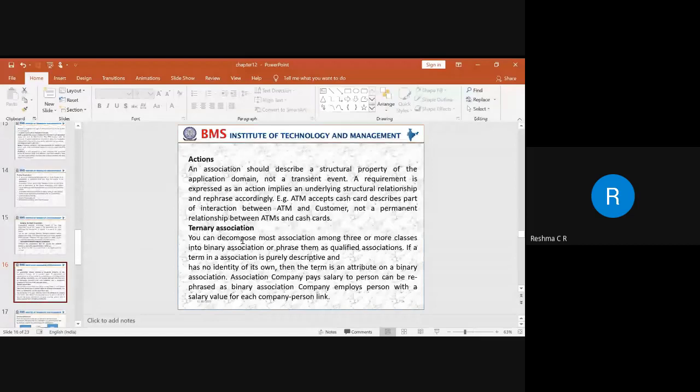When we take an example of a company and a person, we identify works for as an association between a person and a company. Looking from the perspective of a company, it pays a salary to a person, which can be phrased that way.